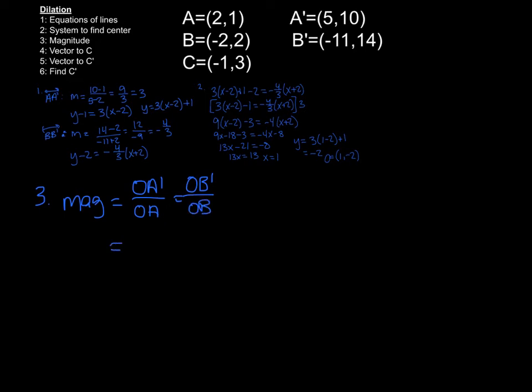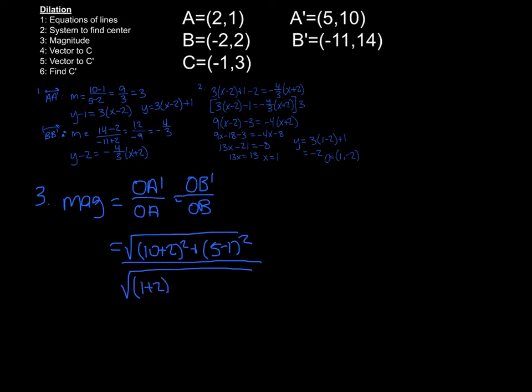So let's do O to A. That's going to look like the square root of 10 plus 2 squared plus 5 minus 1 squared over the distance from O to A, which is going to be 1 plus 2 squared plus 2 minus 1 squared. And if you crunch that into your calculator, it spits out 4. So our magnitude is 4, and we are done with step 3.